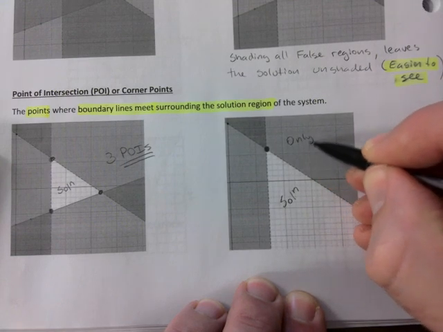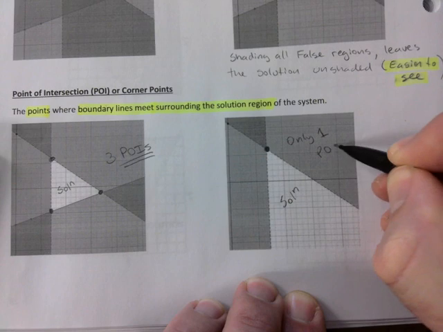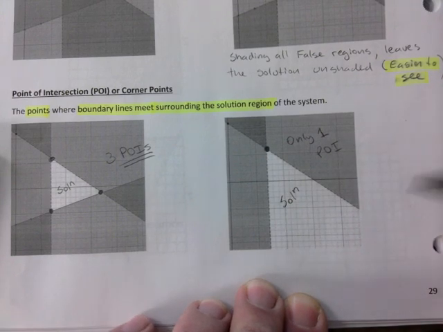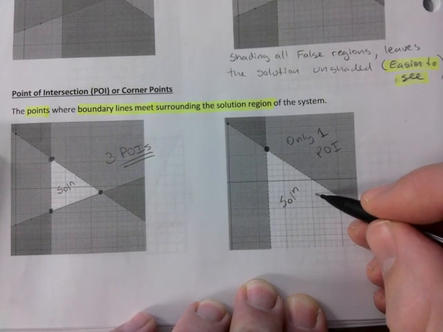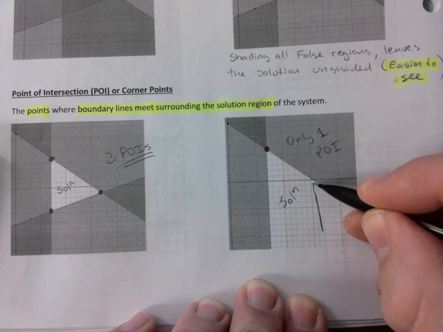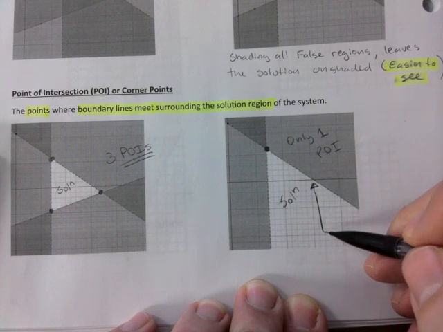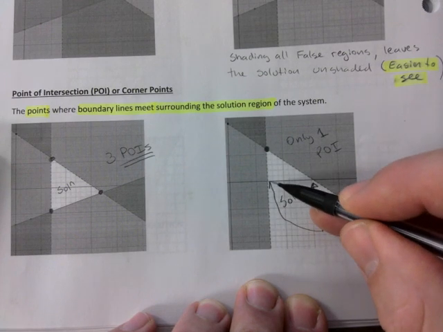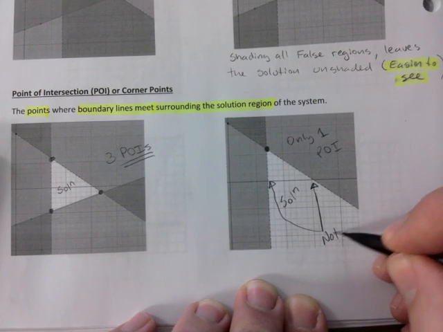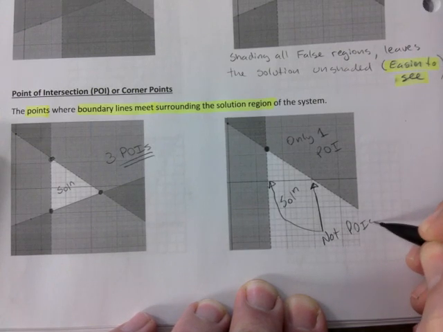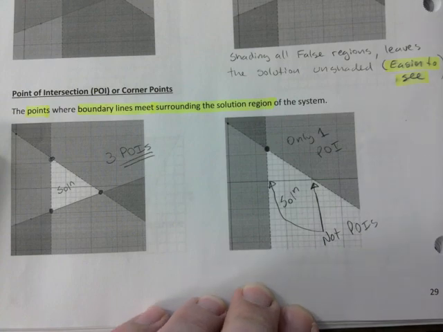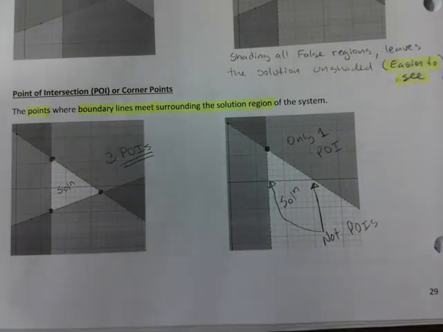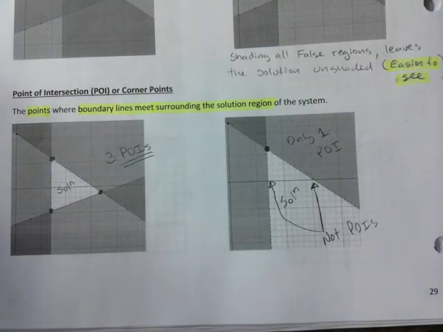Only 1 POI. I will say this point right here and this point right there, not POIs, just intercepts. So keep that in mind as we go along.